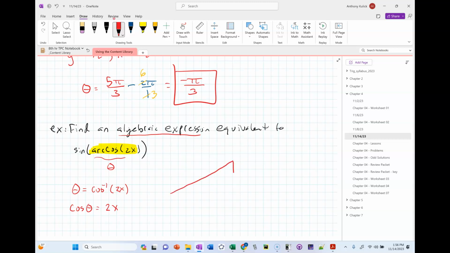That's the definition we're going to use to do these types of problems. In a right triangle, how do we calculate cosine? Yeah, adjacent over hypotenuse.